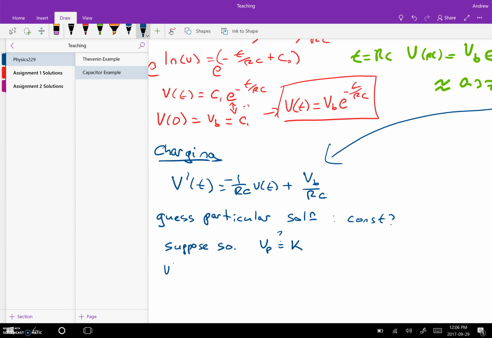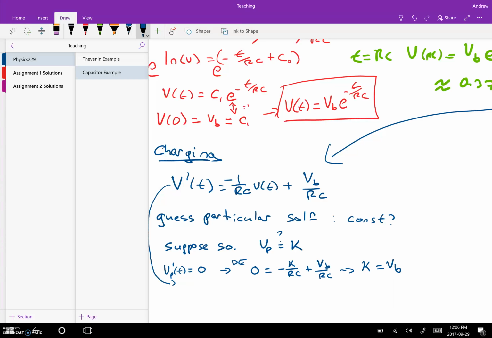Well, V prime particular is equal to 0. So our DE will tell us 0 equals minus K over RC, remember, K is our guess solution, plus VB over RC. So if that's true, our constant is equal to VB.